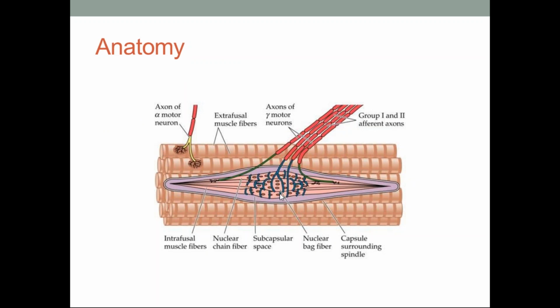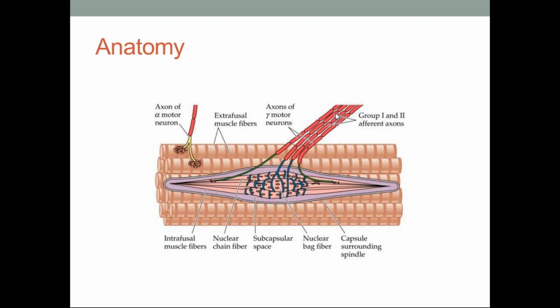We can see that we have some nerve fibers that wrap around the middle here, right? So this is an afferent neuron. Now the receptor portion would be the annulospiral, and its axon would be called a type 1A or primary nerve fiber.